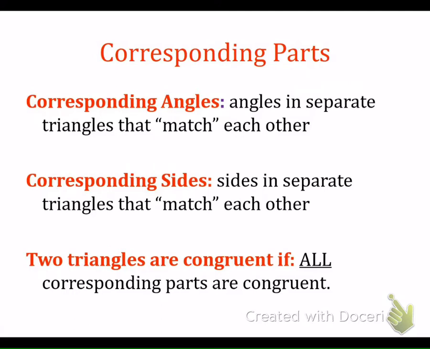So when all of the corresponding angles are congruent, so when I say they match, if they're congruent, and all the sides are congruent, then we say that the two triangles are congruent. So if all the corresponding parts are congruent, you can say the triangles are congruent. So basically this chapter focuses on whether two triangles are the same shape and the same size, meaning that all the corresponding parts from one match with all the corresponding parts from the other.